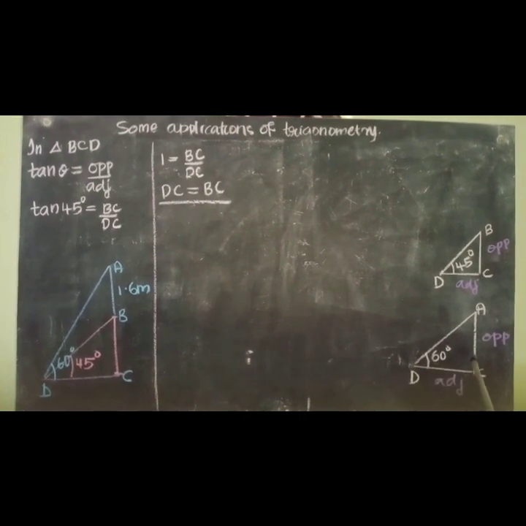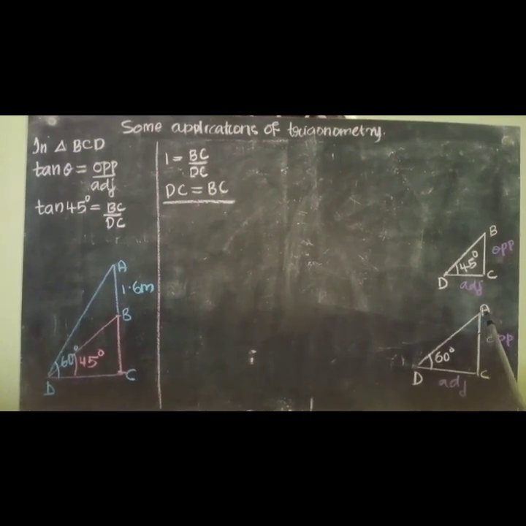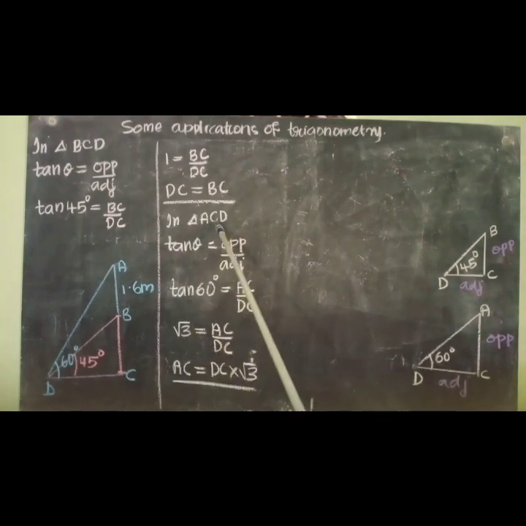Now, consider the second right triangle ACD with the acute angle D with measurement 60 degree. For this acute angle D, AC is the opposite side and DC is the adjacent side. So let us take the ratio. In triangle ACD, tan theta equal to opposite side by adjacent side.